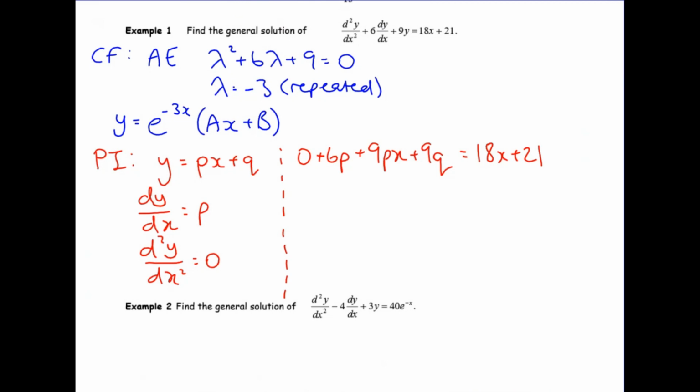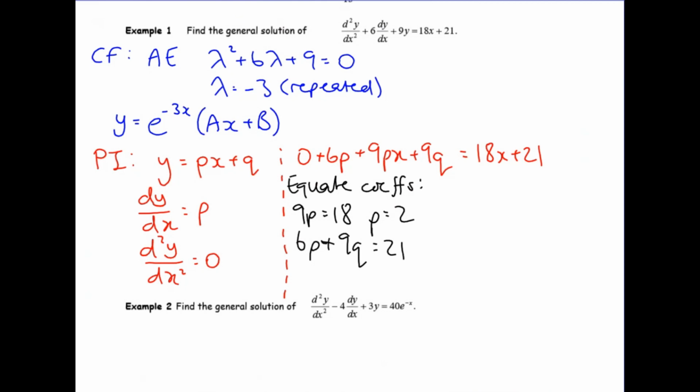We can equate the coefficients here to work out p and q. If I equate my x coefficients, I get 9p is equal to 18, so p equals 2. If I equate my number terms, I get 6p plus 9q equals 21.